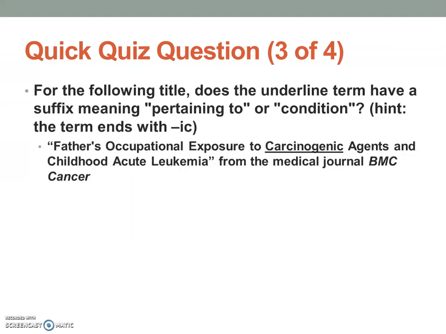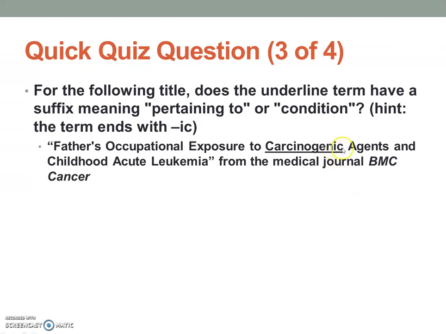Third question. For the following title, does the underlined term have a suffix meaning pertaining to or condition? Hint, the term ends with ic. Father's occupational exposure to carcinogenic agents in childhood acute leukemia, from the medical journal BMC Cancer.